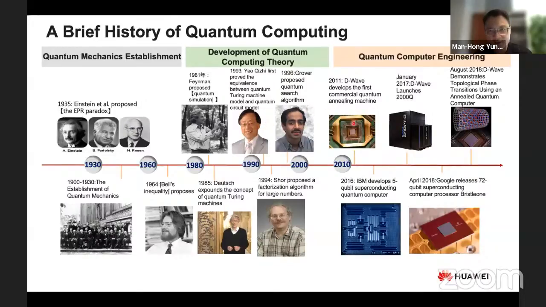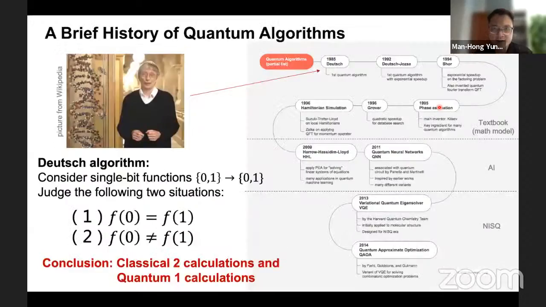And starting from 2010, I think we really entered the regime of quantum computer engineering, both software and hardware engineering. So we are really in this region now. Since I joined Huawei, I really want to build a quantum computer, and I encountered many engineering problems.